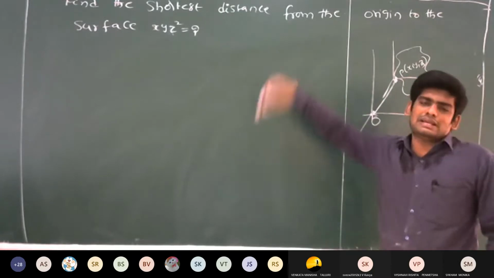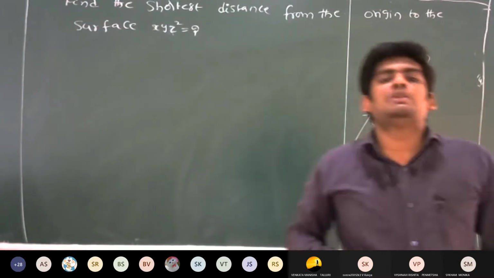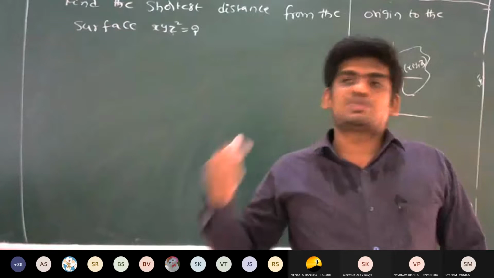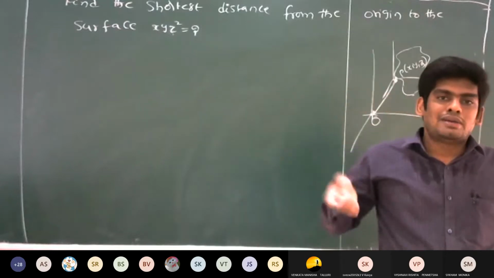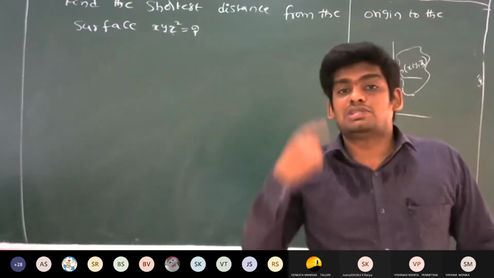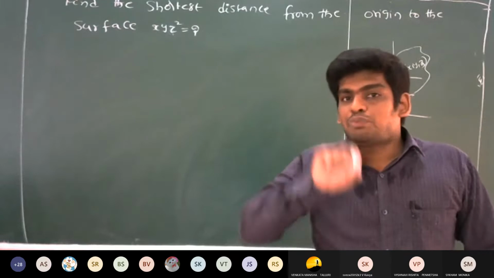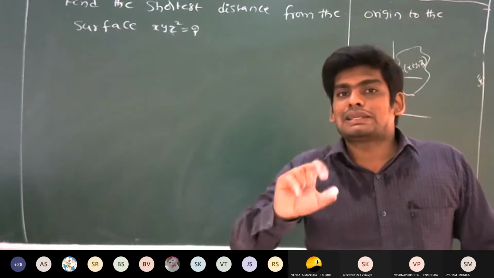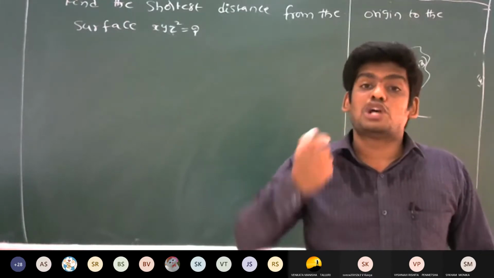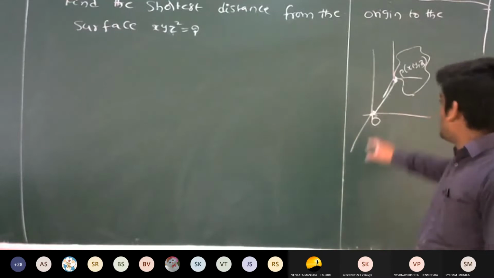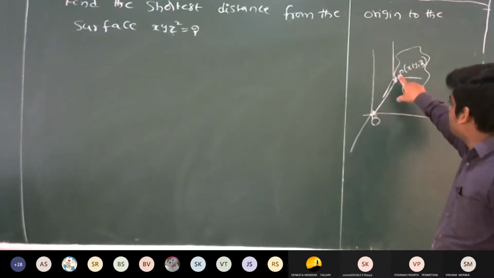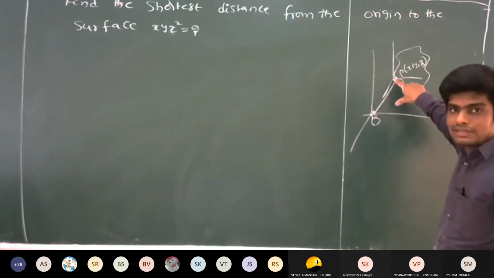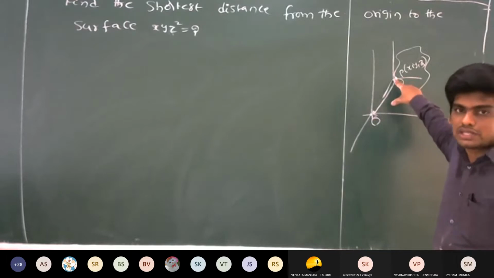Lagrange's method is one of the optimization methods. We have so many optimization methods, but among them Lagrange's method is one. Optimization means we have to calculate the minimum possibility. Here, between the points O and P, if you go in this way, you will get the shortest distance.